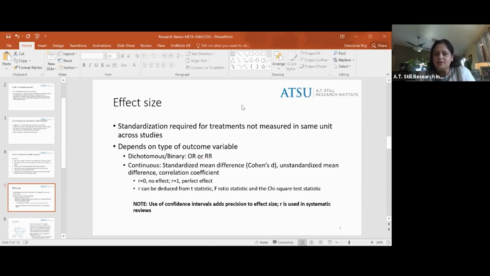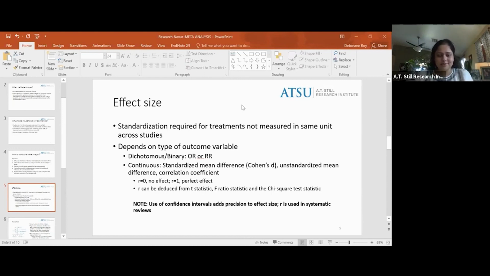But also, I forgot to mention before, meta-analysis can be conducted with 2 or more studies. So you can actually conduct a meta-analysis using 3 studies. That's a good thing about having stringent inclusion criteria, and this methodology allows you to conduct the study despite a very small sample size.